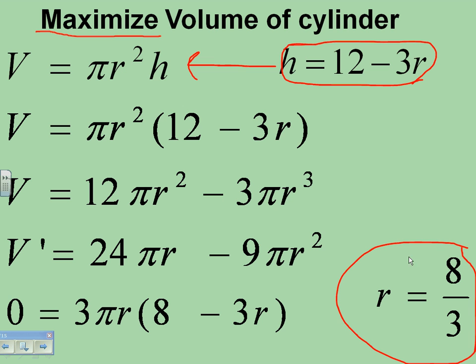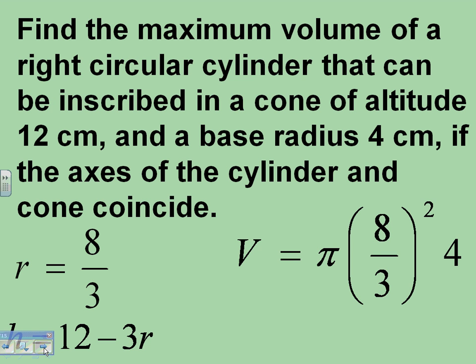If you want, you can just take the 8/3 and you can put it in this equation and find the maximum volume. Either way you can do that. You'll probably just keep it in terms of exact value. Anyway, you get 8/3 in for the radius. You put the 8/3 in right here. And simplify that.